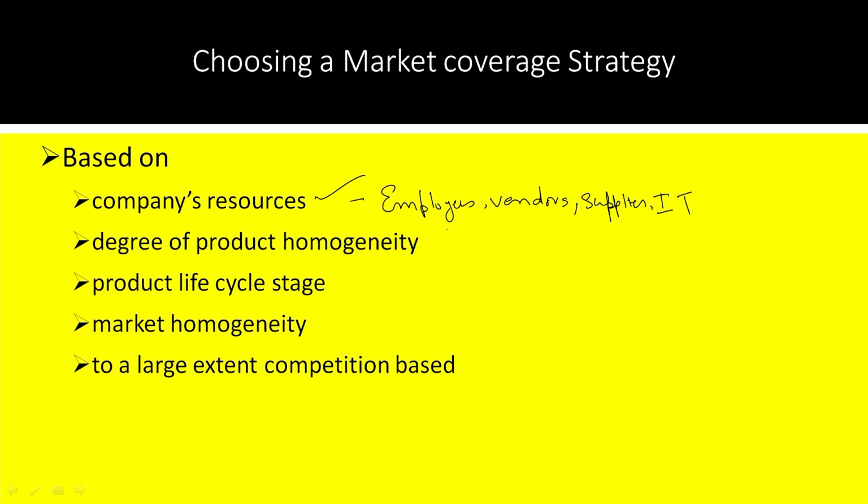Now, next is degree of product homogeneity. To what extent that market can be served by similar kind of product. Similar kind of product means, let us say, products to the USA.